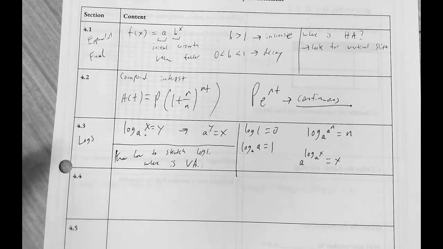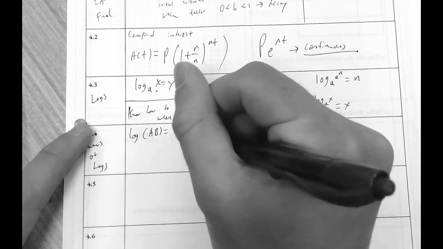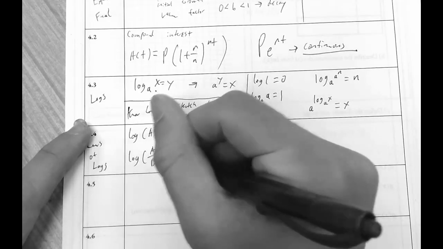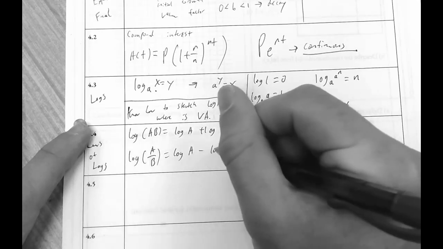Then we have 4.4. These are the laws of logs. So this is about condensing and expanding logarithms. We have the 3 laws. So we have log AB equals log A plus log B. We have log A over B equals log A minus log B. And then we have log A to the C is the same as C log A. Okay?